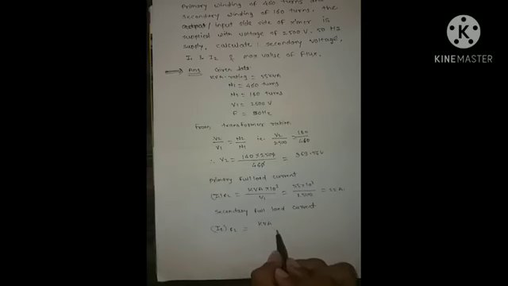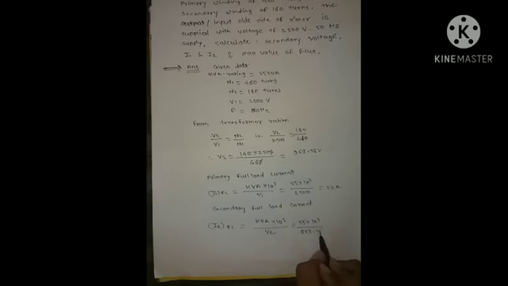Then the formula becomes kVA into 10 raised to 3 upon V2 equals 55 into 10 raised to 3 upon 869.56. We calculated here V2 voltage.